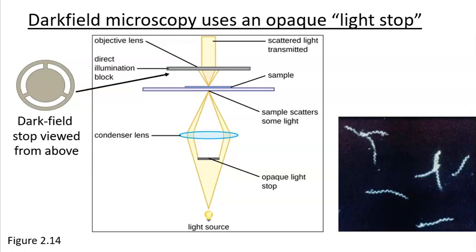What this does is block the light that is being transmitted. But if the light is refracted or scattered by your specimen, that light can pass through this little ring, get transmitted, hit your objective lens, and get magnified from there.